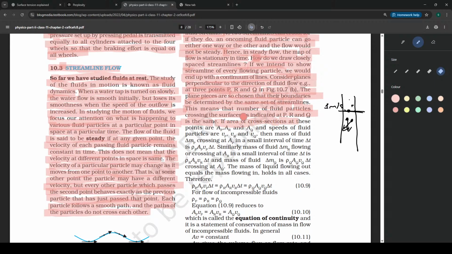If the areas of cross section at these points are AP, AR and AQ, the speeds of the fluid particles are Vp, Vr and Vq.